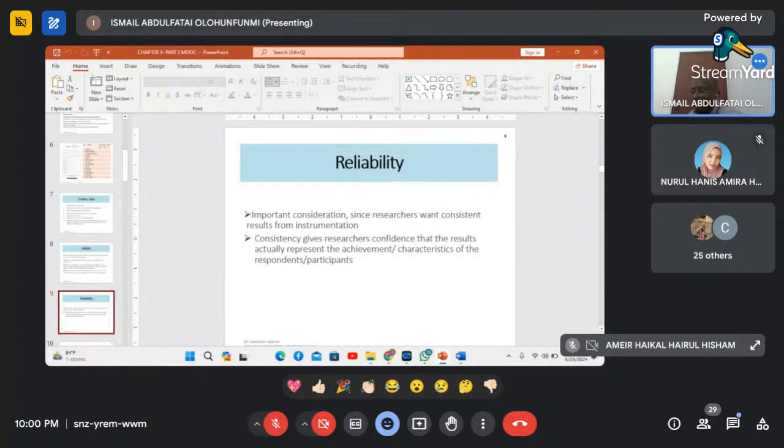But for all these three people, I use the instrument and I get the same outcome. It means the instrument is reliable, the result is consistent. You get my point now? That is what is called reliability.